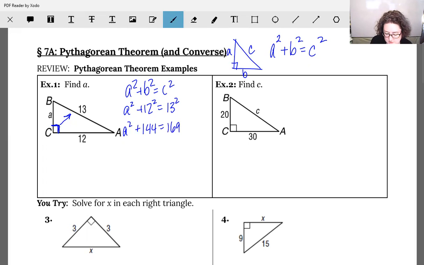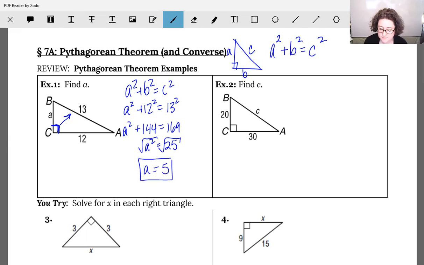Subtract 144 from both sides. So a squared will be 169 minus 144, otherwise known as 25. And then to get a by itself, we need to take the square root of both sides. And so our solution comes out to be 5. So our missing length is 5.